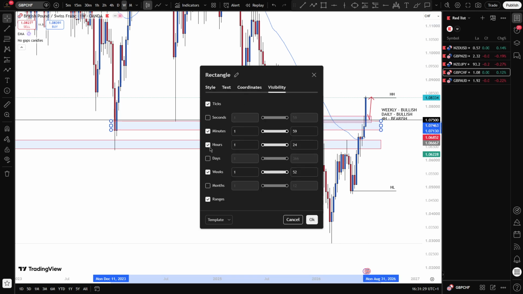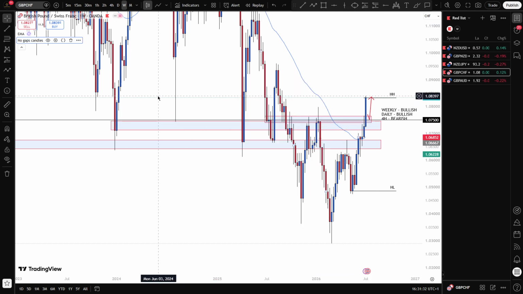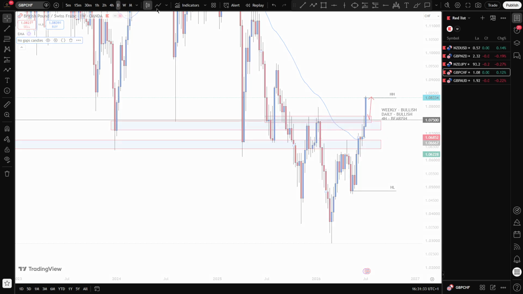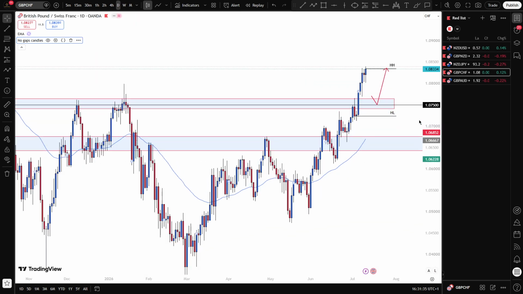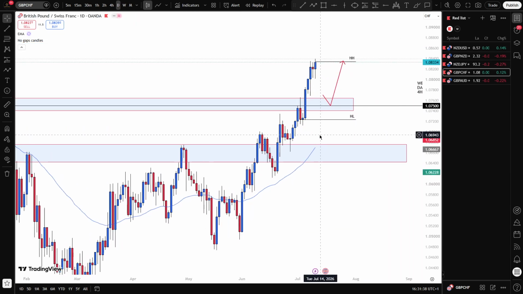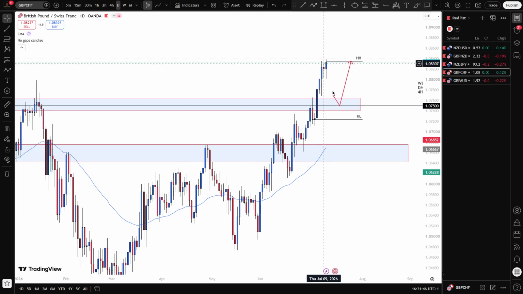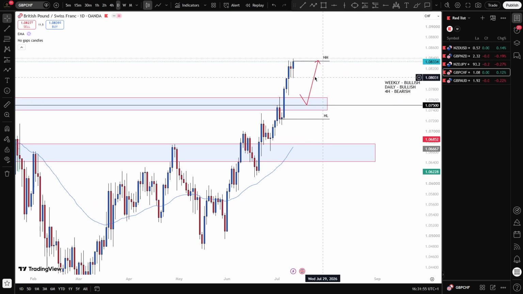If we go down to the daily time frame, you see my daily time frame is also bullish. This is the higher high and this is the higher low. So I can take this trade from here. Once price comes to this place and gives me rejection, then I'll take it to the upside to this place here.